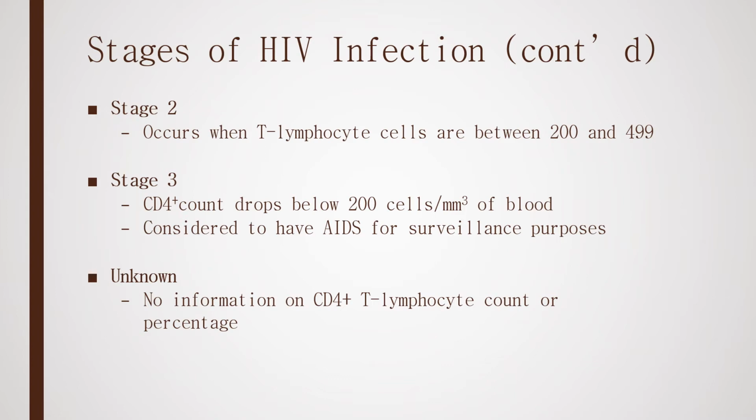HIV disease progression is classified from less to more severe. Once a case is classified into a surveillance severity stage, it cannot be reclassified into a less severe stage, even if the CD4 plus T lymphocyte count increases, which often occurs when a person receives antiretroviral treatment.